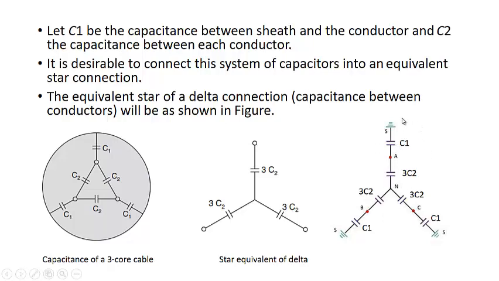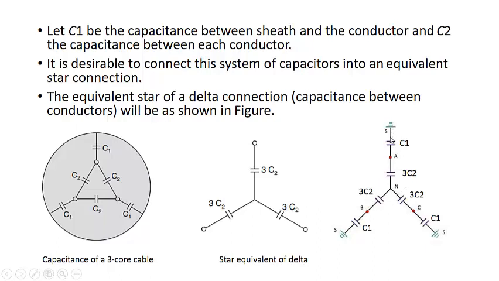This one, let us say between A and N, we need to analyze this circuit. Now this is conductor, point A, and this is earth potential. This is also earth potential, this N. So you can see these two capacitances at this point share the same node, and at this point you can see this is actually the same node at a different point.